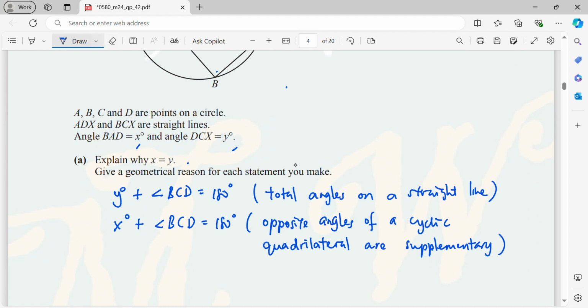Okay, so when you refer to these two equations, obviously they are the same. That means x equals y degrees. Therefore, x equals y. Okay, so that is the solution for A.